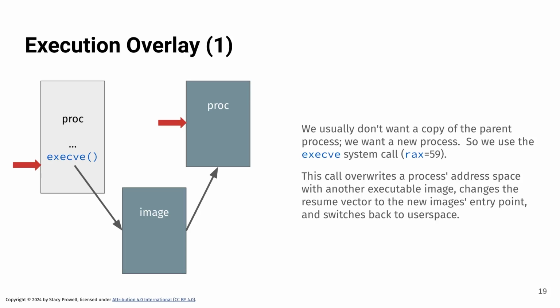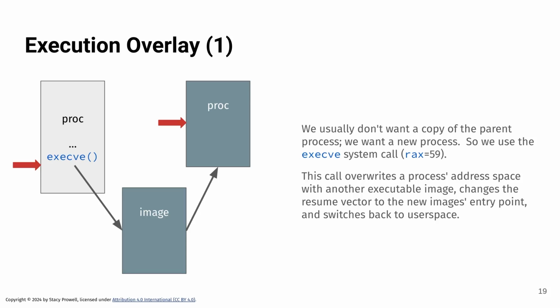Once it's done that, it sets the entry point, the return value, right? When the kernel's done and it returns to user space, it will load the program counter with some address. For fork, it just loads it with the same one as the parent. But in this case, that doesn't make sense. That would just be pointing somewhere into some random stuff.